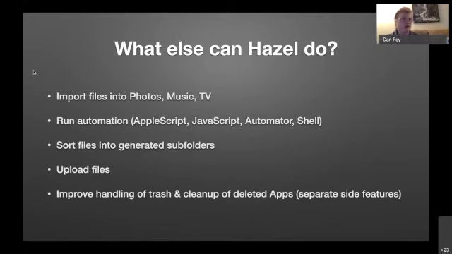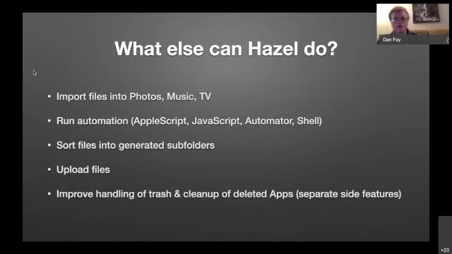As a separate part of moving files around and renaming them and the like, they do have some specific features that handle the trash and clean up deleted application cruft. Handling of trash is interesting because right now the Mac trash can is like you put it in there and you empty it out, and I think you can set it for a certain time.